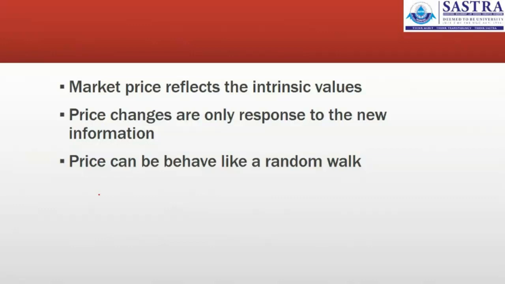The market is efficient, and it is easy to predict the market conditions. Price changes are only a response to new information. It does not mean that prices are not fluctuating unless there is information available in the market with respect to the specific stock. We can take that the price behaves like a random walk.